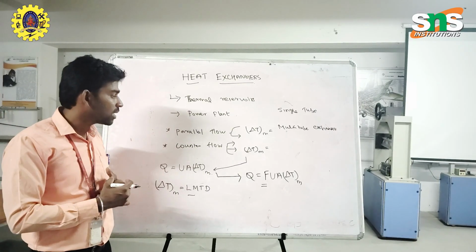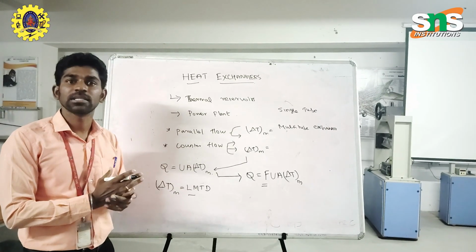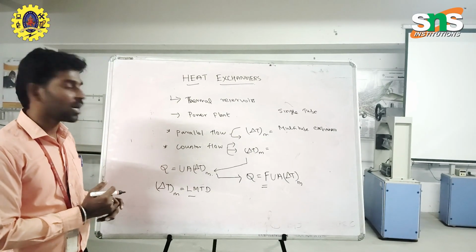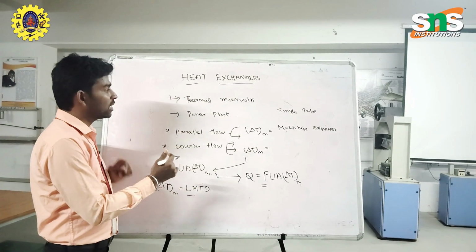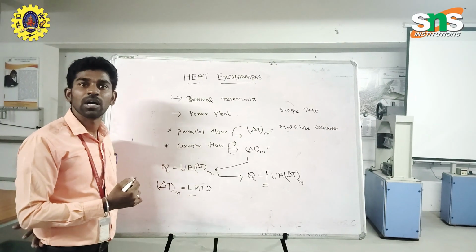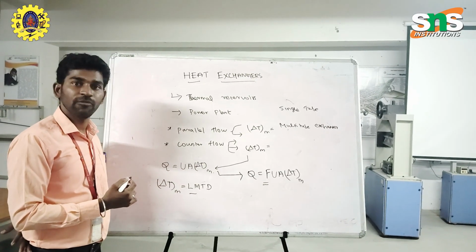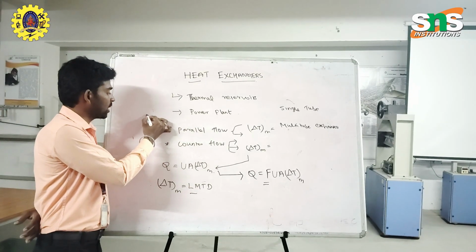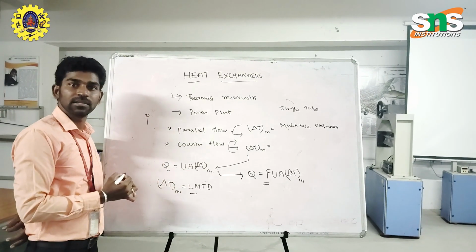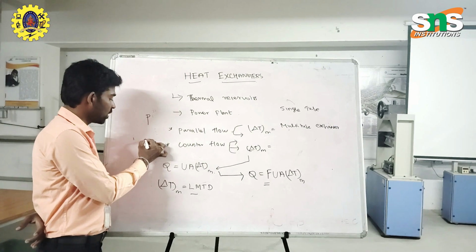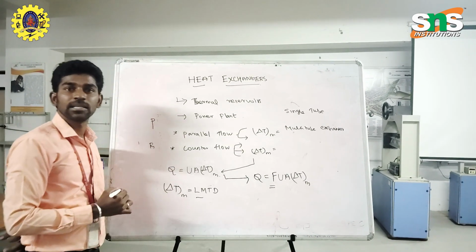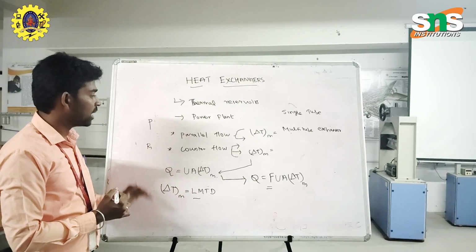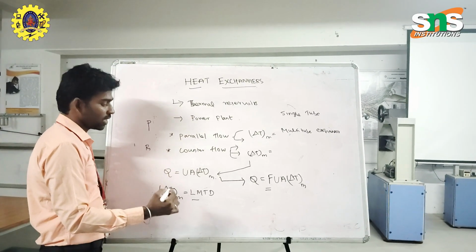To find the correction factor for this heat exchanger analysis, we consider the X and Y values of the heat exchanger graph. The X value is located on the P axis, and the curve value is R. So we find P and R to get the correction factor.